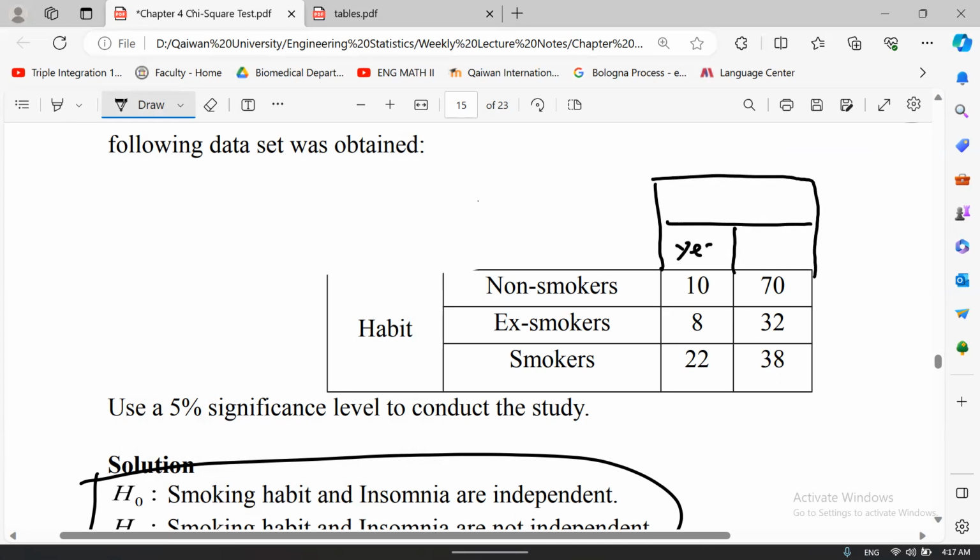This is yes, this is no. This is insomnia. Okay. The table is like that, not like the previous one.